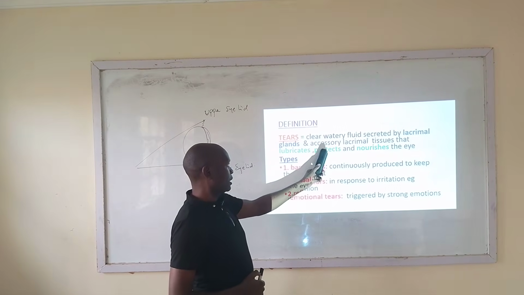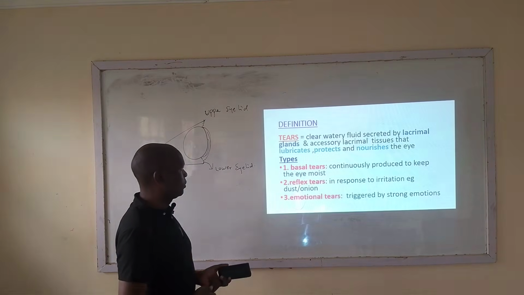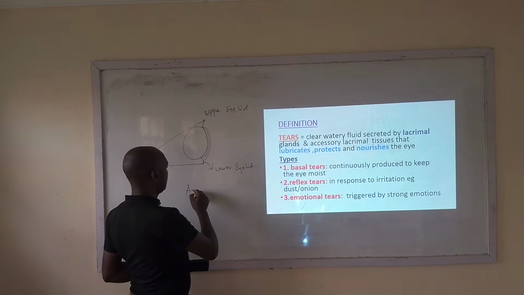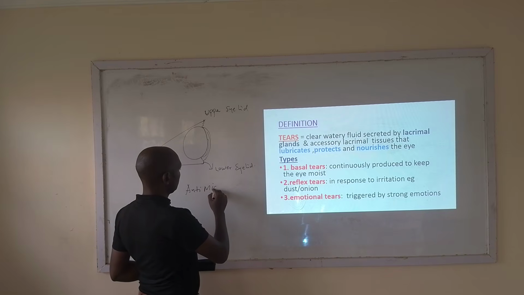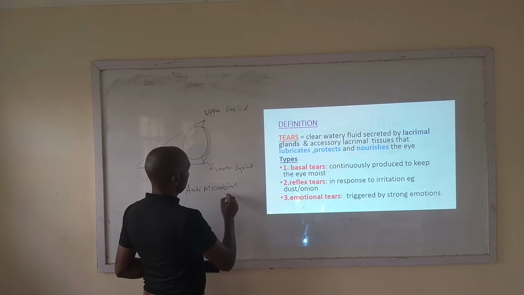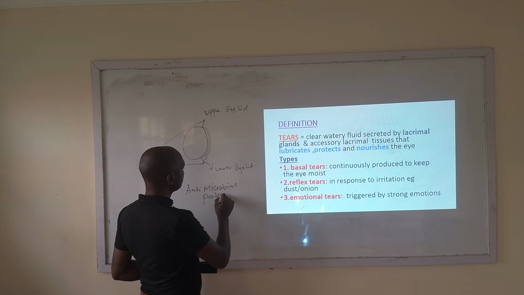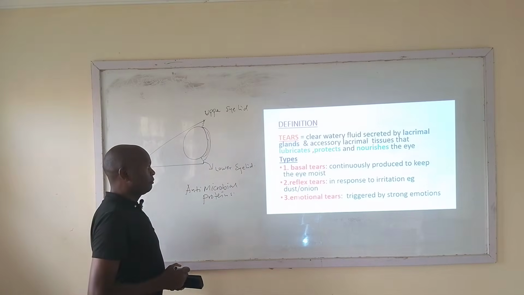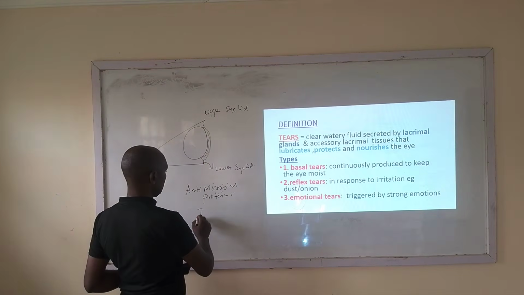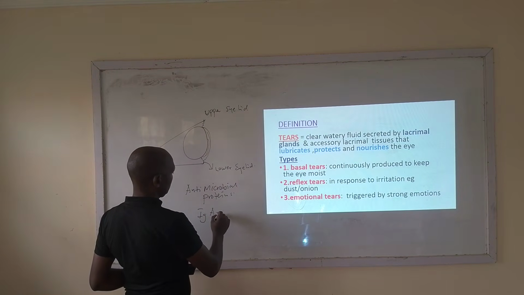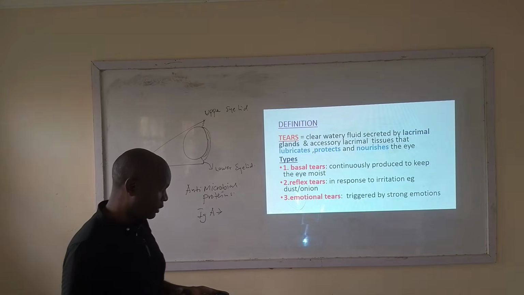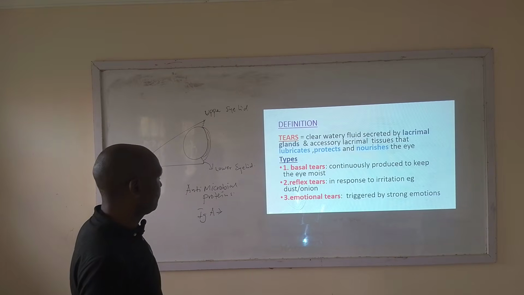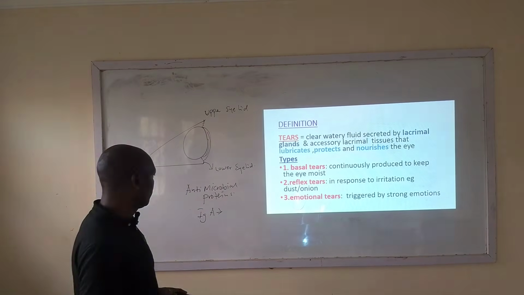Then it also serves the function of protection. How? The tears itself has antimicrobial proteins. A good example is IgA. This is immunoglobulin A, which is an antibody that is found in tears.